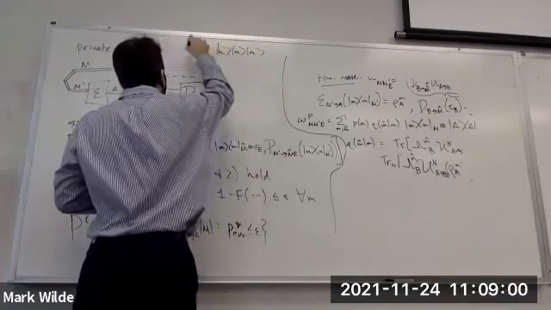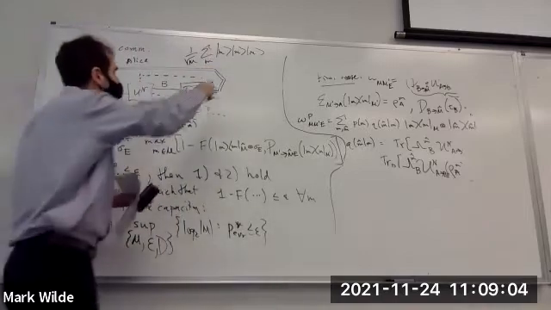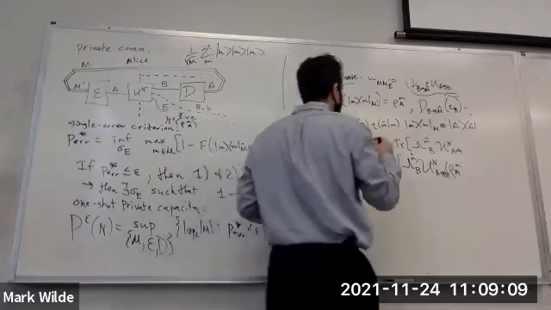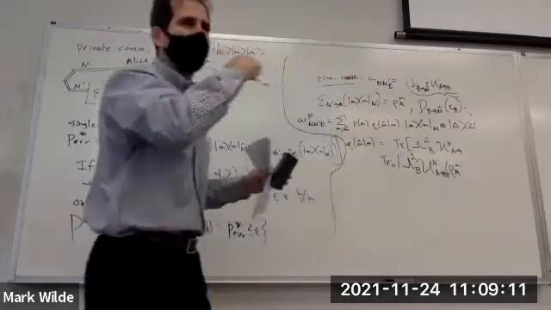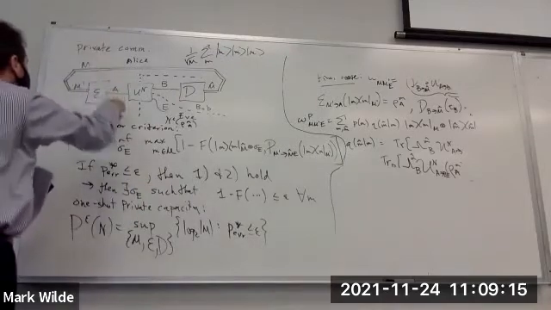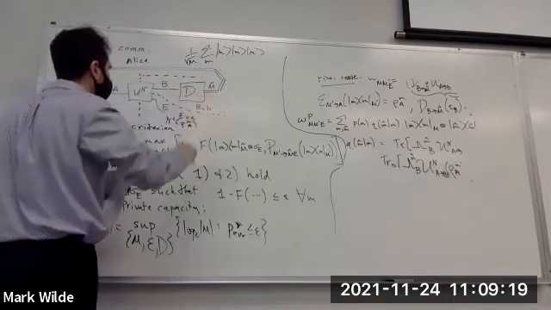It's a superposition. If you trace over this one, you get the maximally classically correlated state that we started with. So you purify that, you get that. You can then purify Alice's encoder. We've already purified the channel. You can purify Bob's decoder.